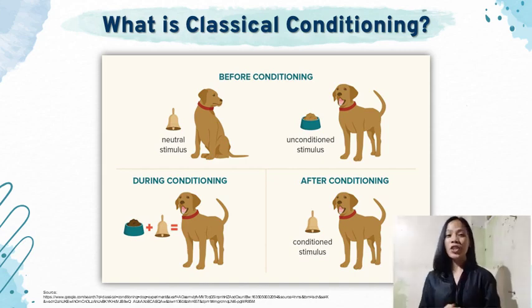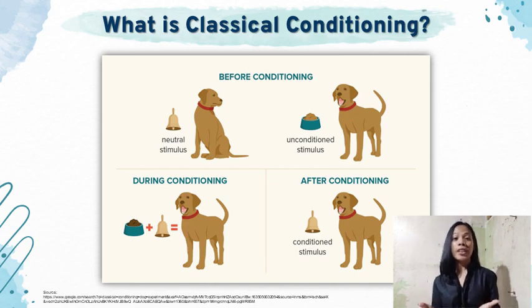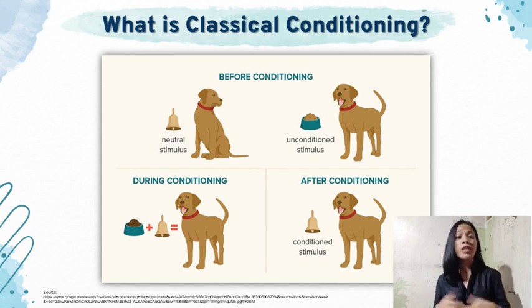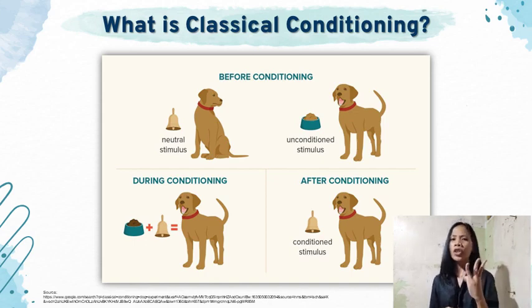With the second picture, the unconditioned stimulus is represented by the food itself. As opposed to the first situation, the dog here naturally salivates without being conditioned to have such a reaction. His reaction was natural, not taught, and was therefore automatic.